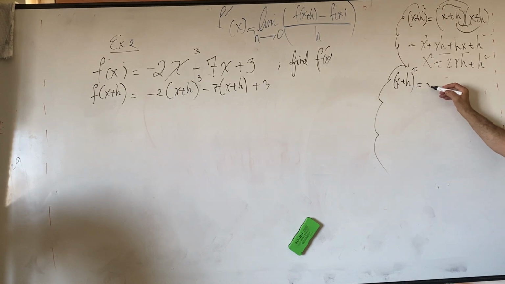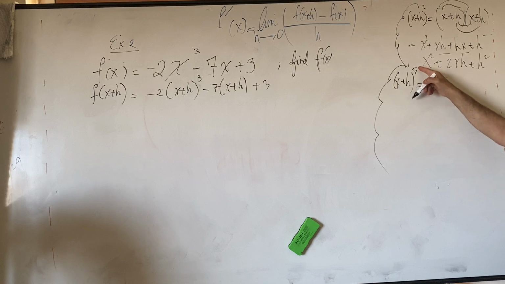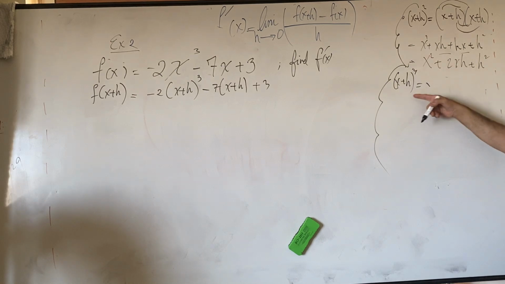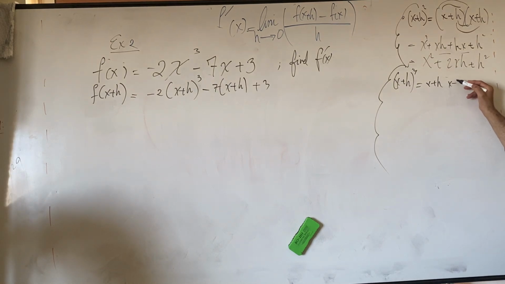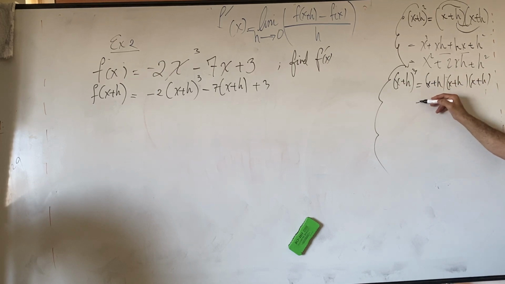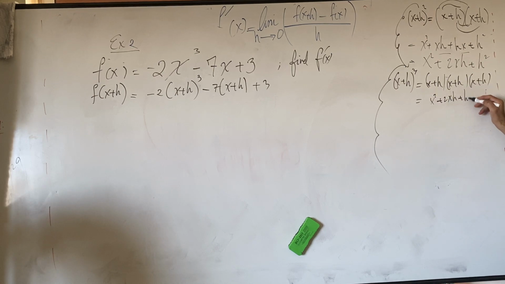I know that this is to the power 3. To expand that one, you know it's like this, times itself 3 times. Anyway, I did this already there. So x squared plus 2xh plus h squared times x plus h. You can apply the rule all the way.